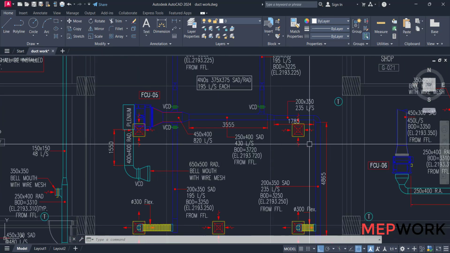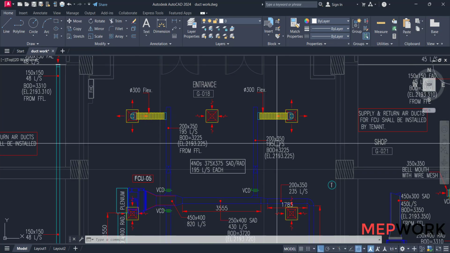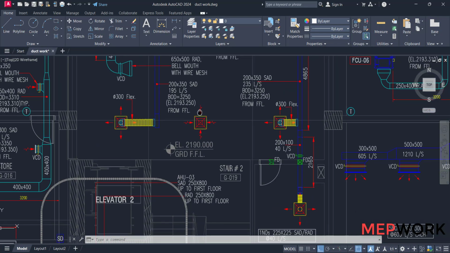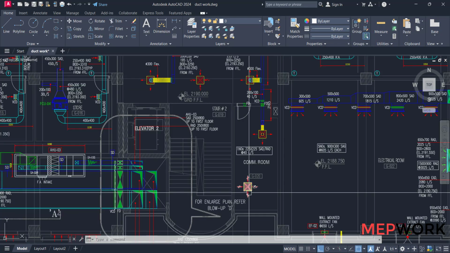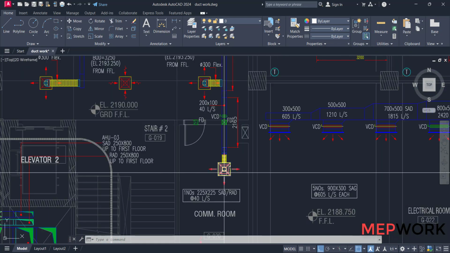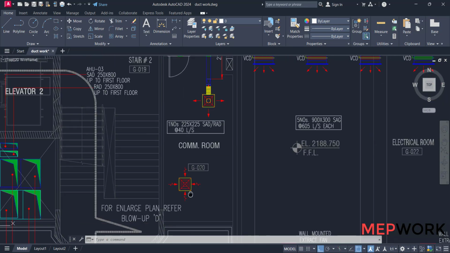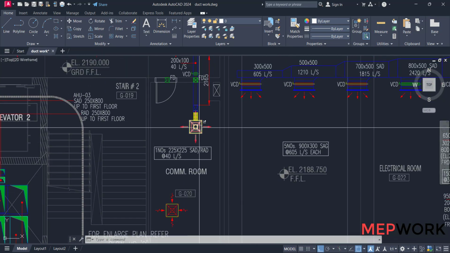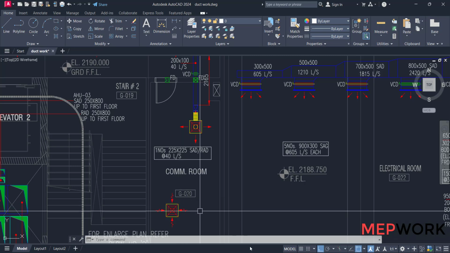They are 1, 2, 3, 4, 5, but we only take one supply diffuser in consideration, so we will take this also in consideration. One supply and one return.